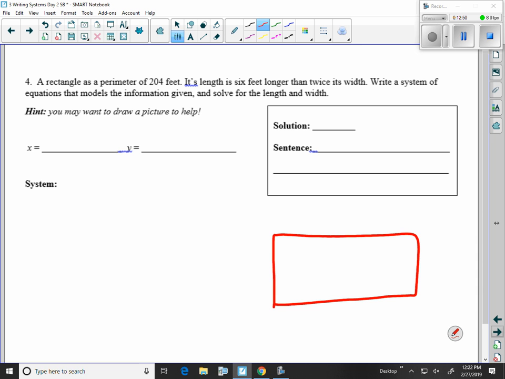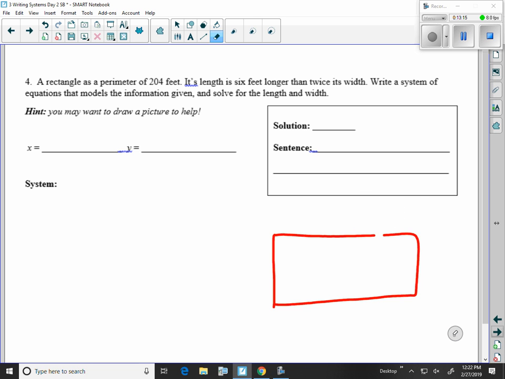Jeremiah, what would you tell me to do? Yeah, the formula. You would add the 4 sides. So if we have the width and the length, you would add all of those up. Do you agree with me on that? Yes. Okay. So I'm going to erase my lengths and my widths.